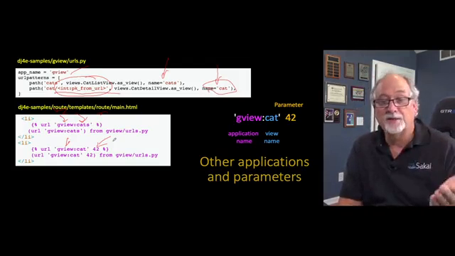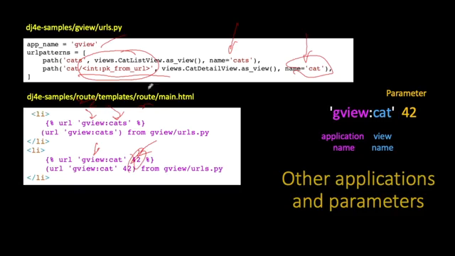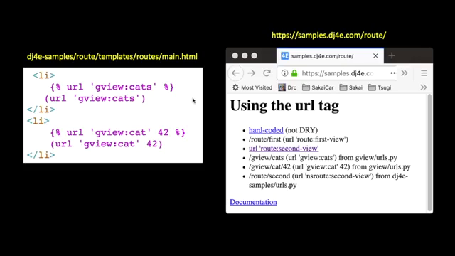Now, there's a lot of nice stuff about this. For example, if you omit this, it's going to look this gview_cat up and find it and say, you know what, I'm supposed to have an integer, and it'll blow up on you if you get that wrong. Or if you put a 42 on the gview_cats, you're not supposed to have a number on that. But gview_cat, you are supposed to have a number. So this is one of the nice things about this reverse URL lookup, in that there's some error checking that goes on, because in many ways when code blows up silently, it's worse than blowing up in a spectacular fashion, because if it blows up in a spectacular fashion, you can fix it.